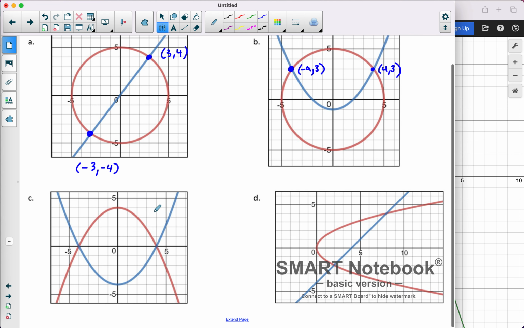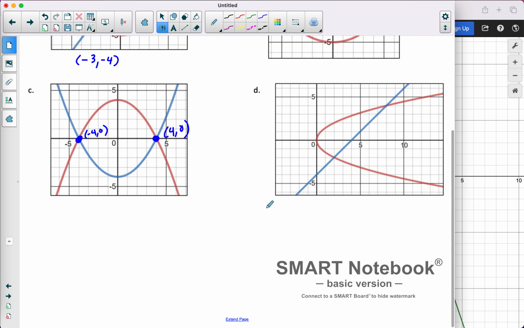For C, there are still 2 solutions. It happens here at -4, 0. And then another at +4, 0. And the last one here, we have 2 solutions. This one's at 2, -2. And then we have another one at 8, 4.